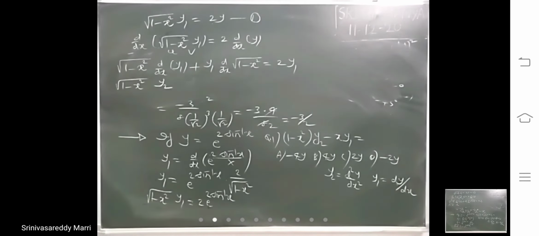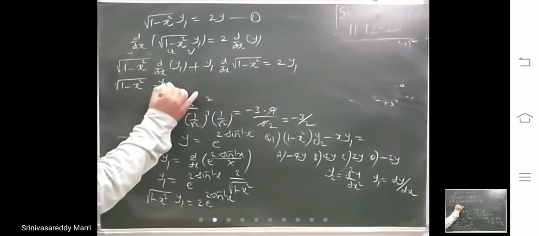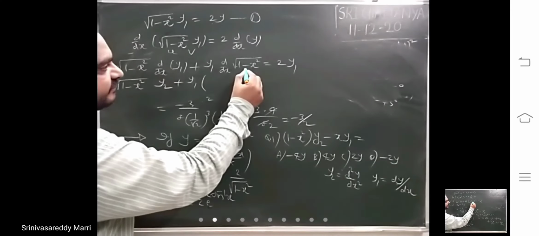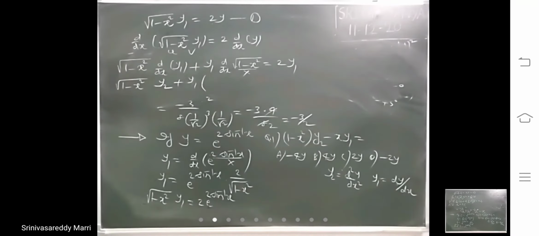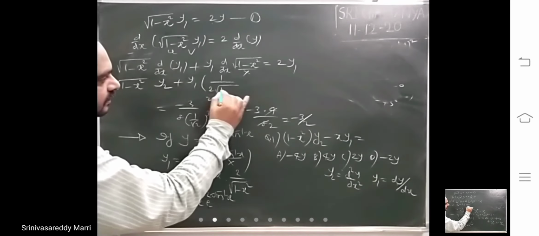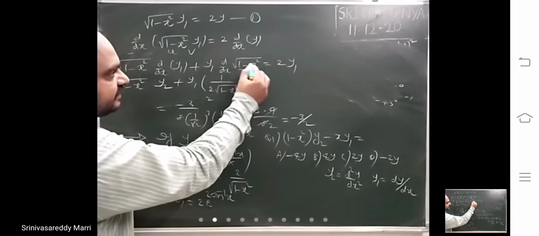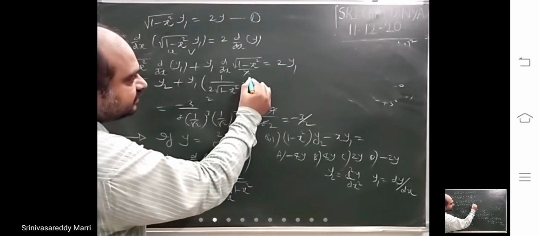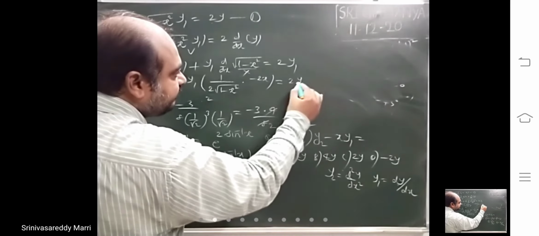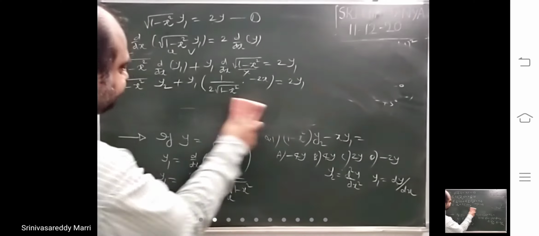So plus y1 into derivative of this. Treat this as x, root x: 1 by 2 root of 1 minus x square into derivative of this, 0 minus 2x. Like that we will differentiate the equation. That will be easy. Look at now.